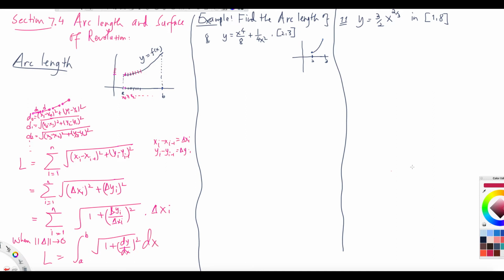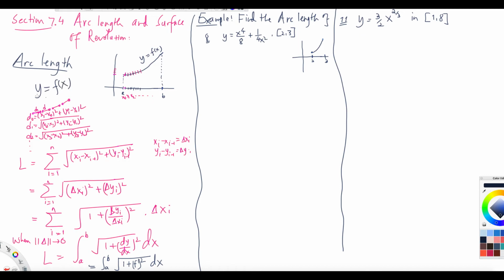If you want to write it slightly differently using prime notation, it becomes the integral from a to b of the square root of 1 plus f prime squared, or you can say y prime squared, dx. This is the length of the curve y equals f of x.